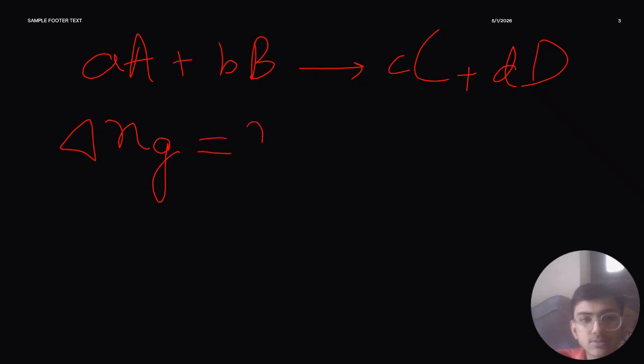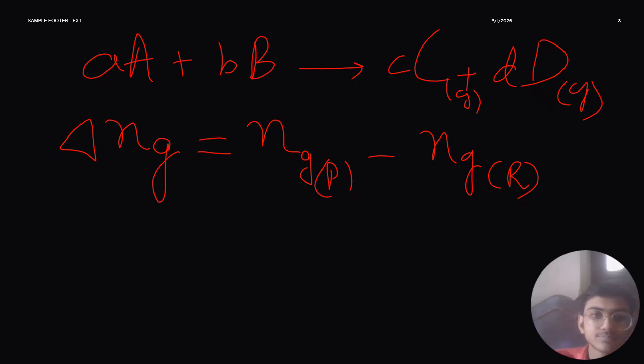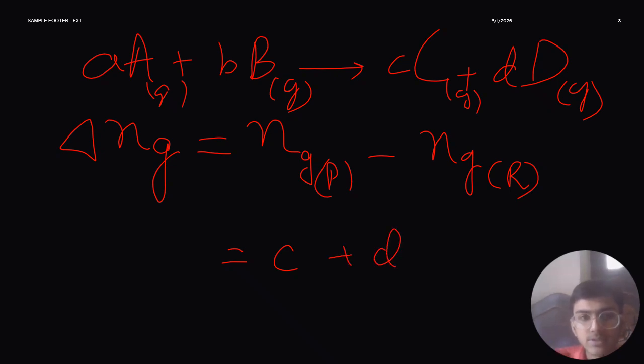Delta Ng is actually the number of moles of gaseous product minus the same of reactant. Suppose all are gaseous species. So we'll write delta Ng as C plus D minus A plus B, like this.